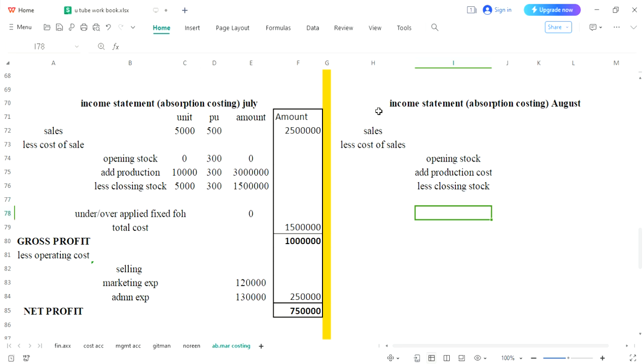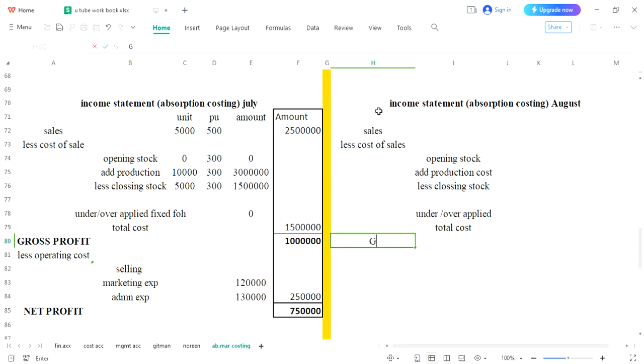After which you will see if there is any under or over applied. By doing this, you will be able to calculate your total cost. When you will subtract this total cost, that would be our gross profit.